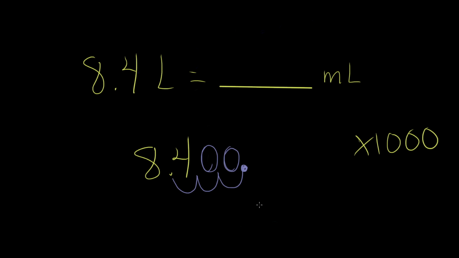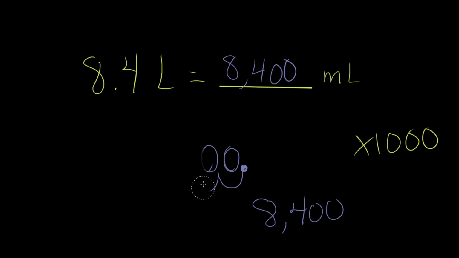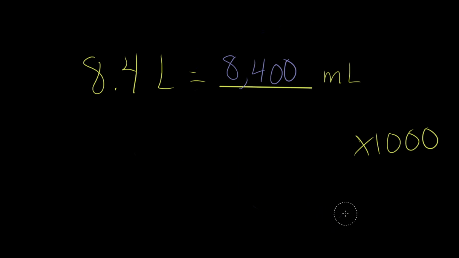So what number do we have now? We have 8,400. So that's why it's good to know how to move your decimal in your numbers, depending on what you're multiplying by. Because if you don't know how to do that, sometimes you might get tripped up on a problem that has a decimal in it, such as this one.